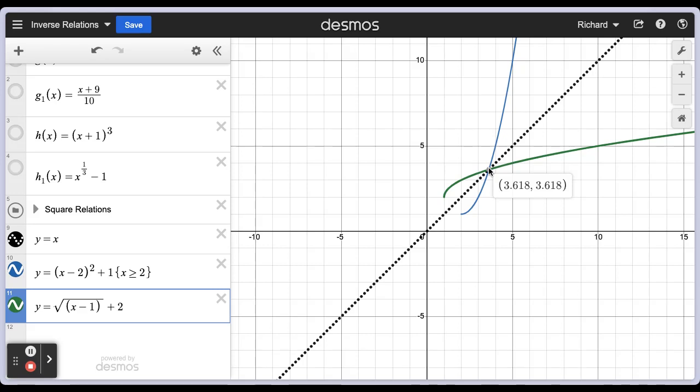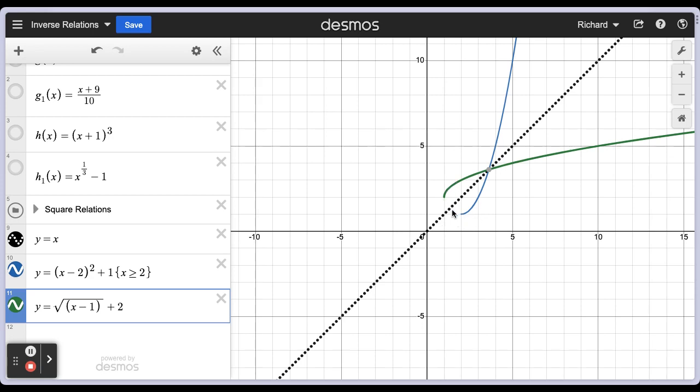You could use your calculator to confirm that, but that's that point of intersection there. You can see that the other possible value, which was 5 minus the square root of 5, would kind of be down here somewhere if these graphs continued.